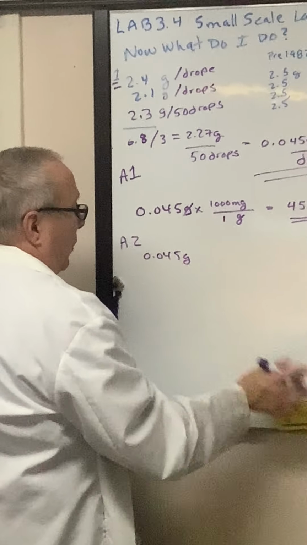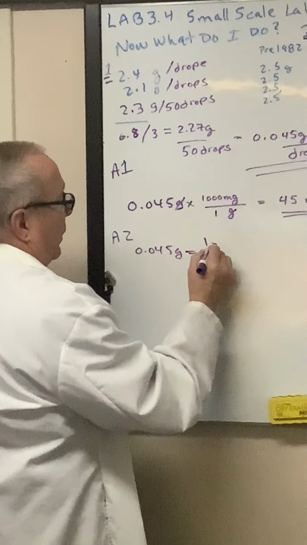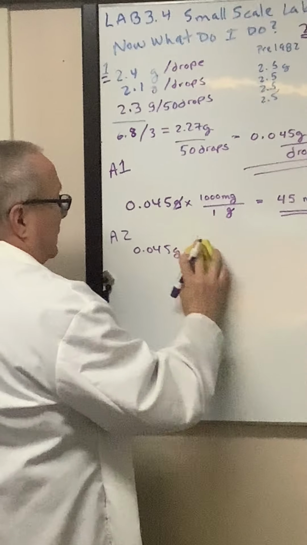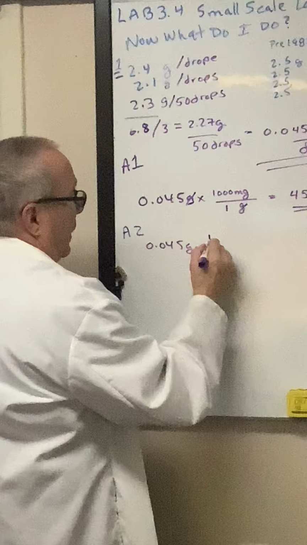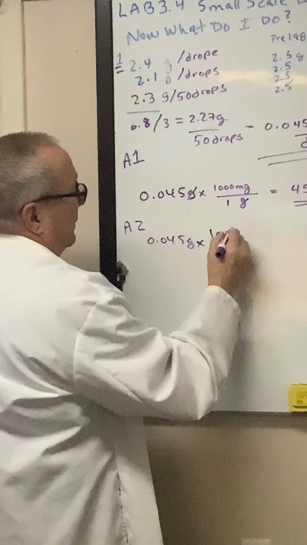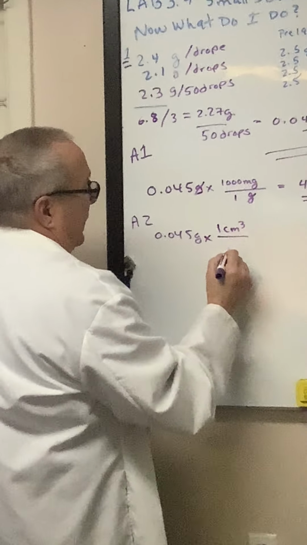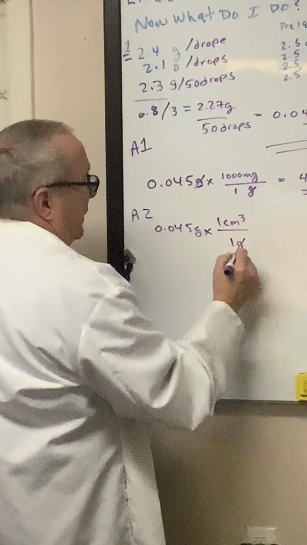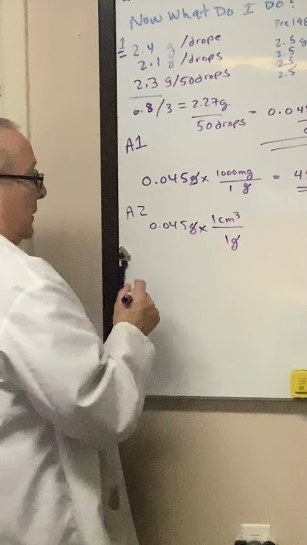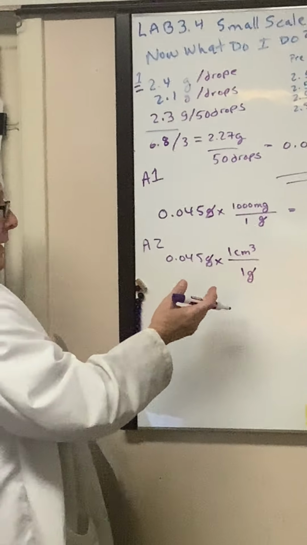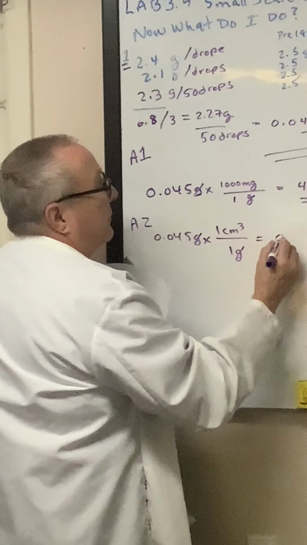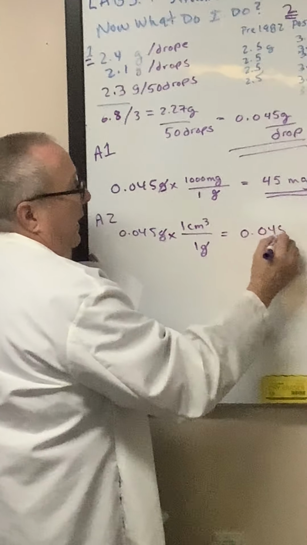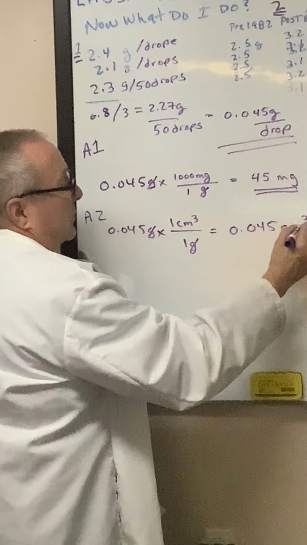And the density of water is 1 gram per cubic centimeter. But 1 cubic centimeter of water weighs 1 gram. In this case, my grams cancel. I'm just multiplying it by 1. So if I have 0.045 grams of water, I have 0.045 cubic centimeters.